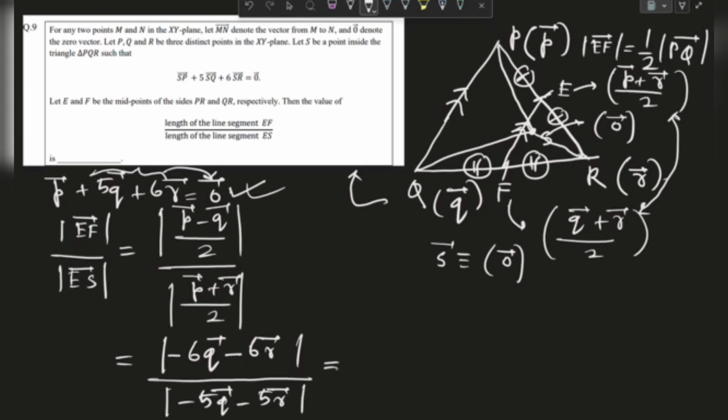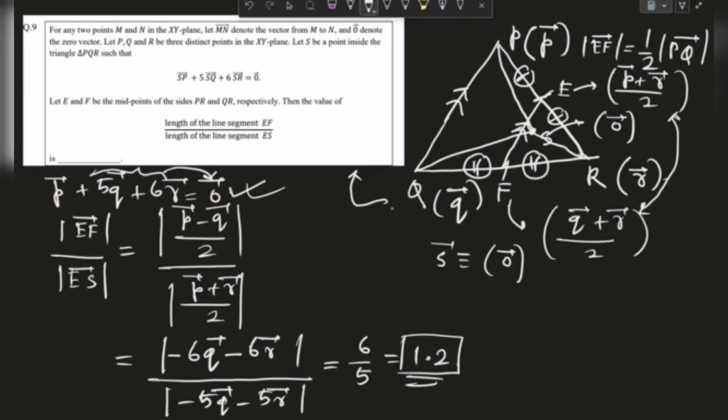So from here, if we take minus 6 and minus 5 out, the negatives will get cancelled, and mod of Q vector minus R vector is also getting cancelled. So the final answer is 6 by 5, which is 1.2. This is the final answer.